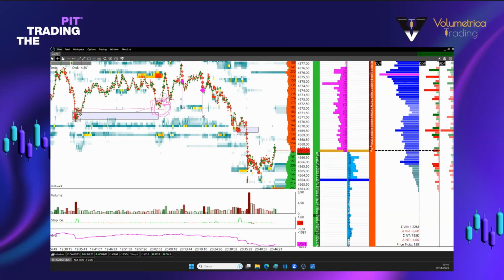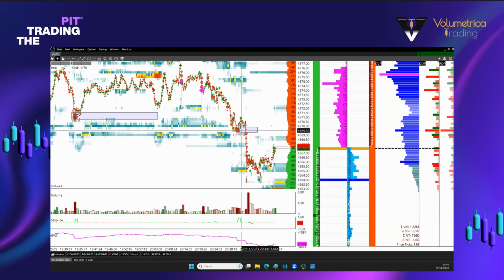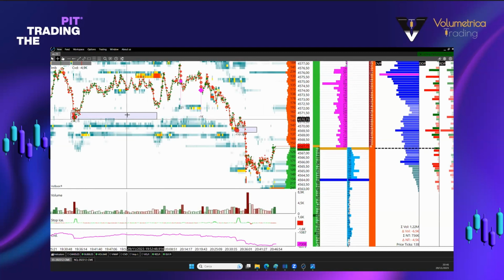But there are also more aggressive traders executing on the iceberg immediately, because this kind of execution here, as we saw in the second example, even if it was quite fast, buyers were actually reloading from the iceberg level. An aggressive entry would provide a very tight stop loss right behind the iceberg.